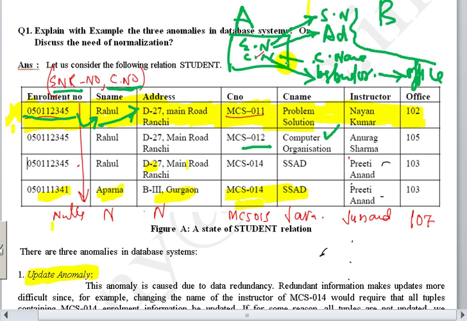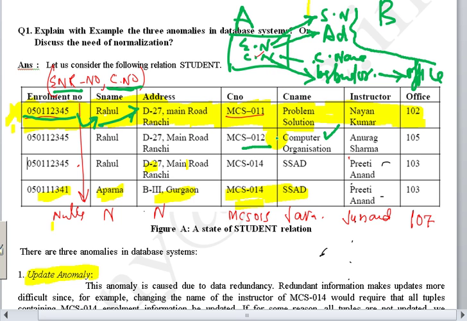So if I am having a composite key and my attributes are not fully dependent on the whole key, but only on half the key, this is called partial dependency, and this will lead us to 2NF and all. We'll see that.